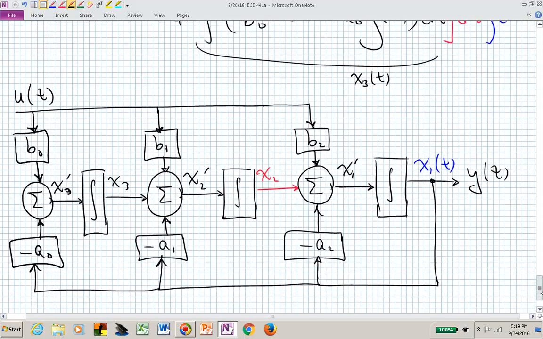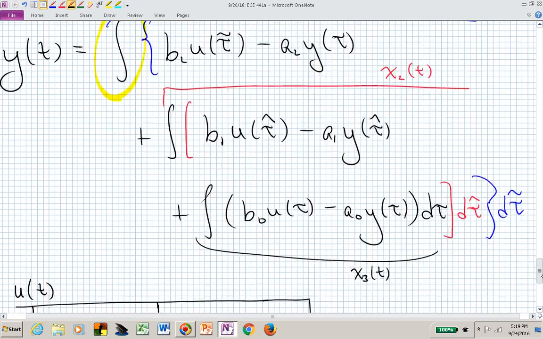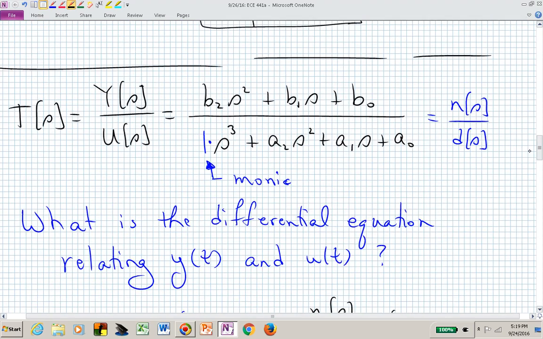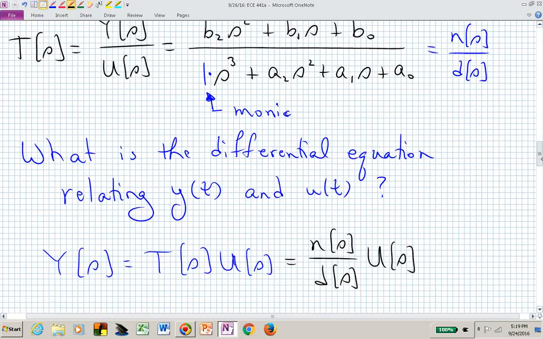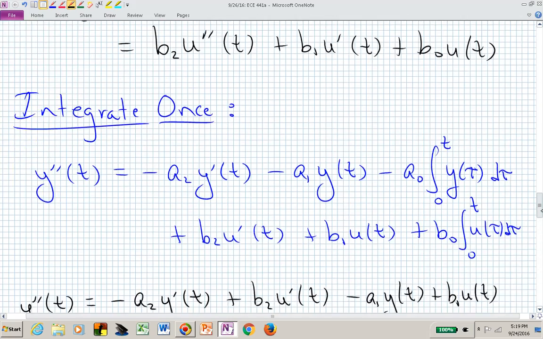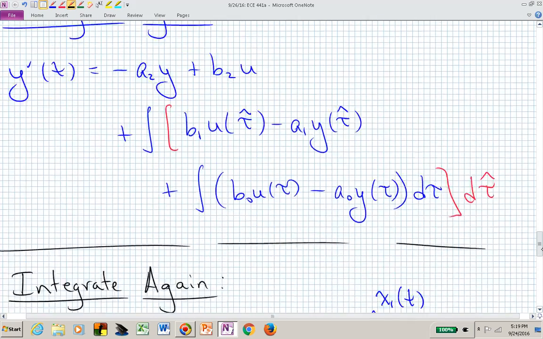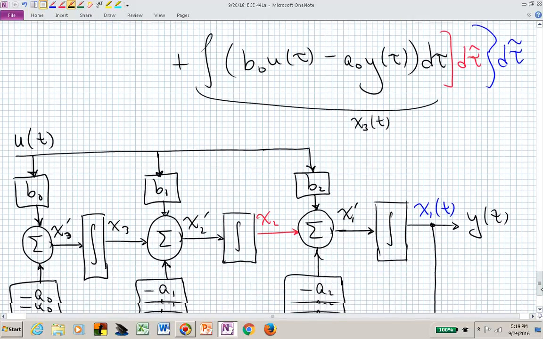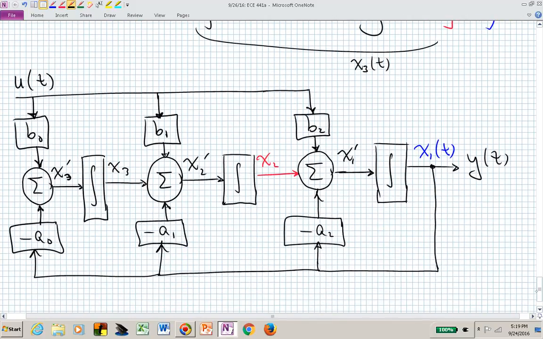That's our all-integrator block diagram that resulted from this transfer function that had a monic denominator. We cross-multiplied, we took it into the time domain, and we just started integrating both sides of that equation until we had integrated the left side, which contained the highest powered derivative, until it ended up being just y of t. We now have a block diagram.